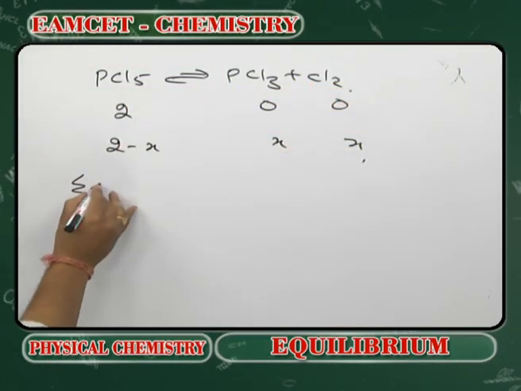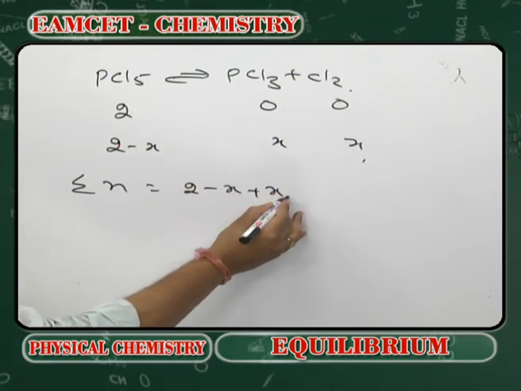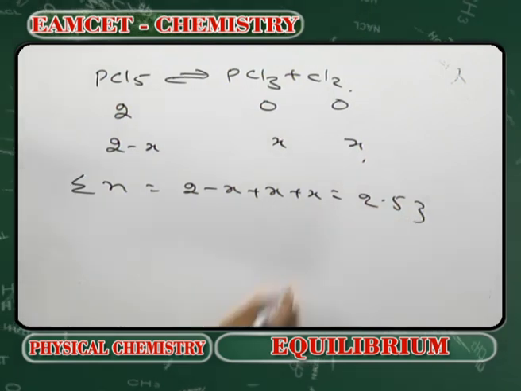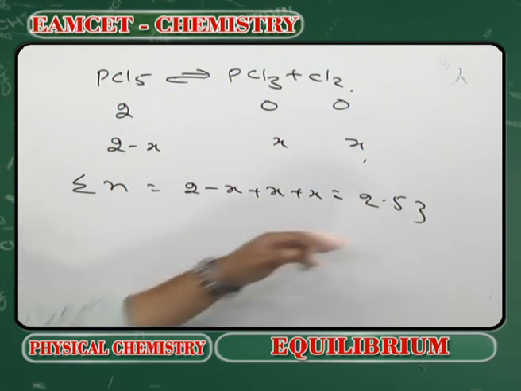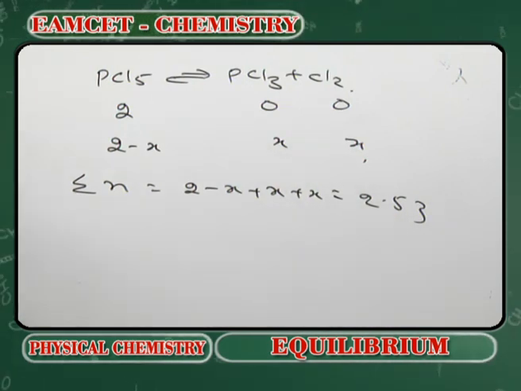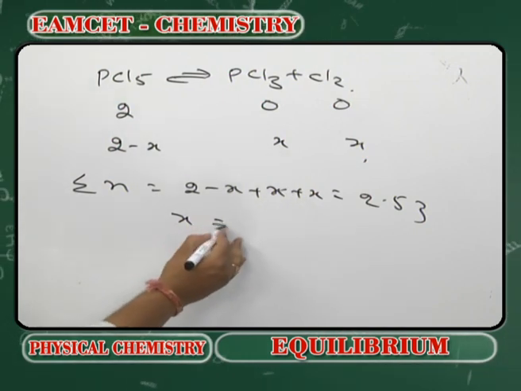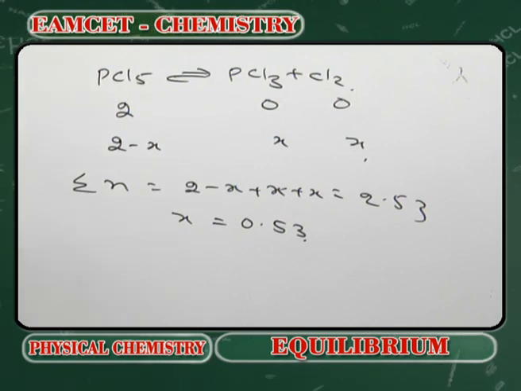What is the total? Sigma n will be equal to 2 minus X plus X plus X, which is equal to 2.53. It must be 2.2; it is wrongly printed. Okay, 2 minus X plus X plus X is 2.53. So X will be equal to 0.53.